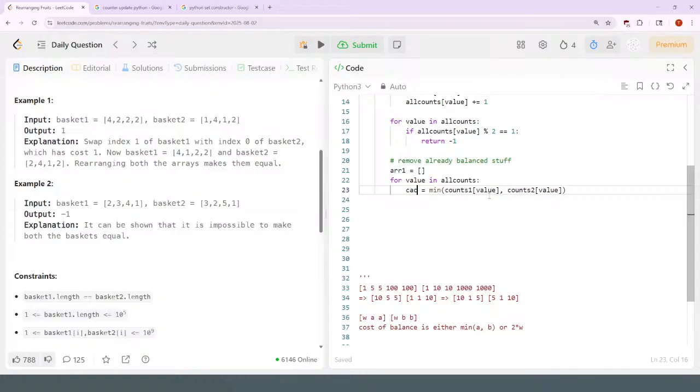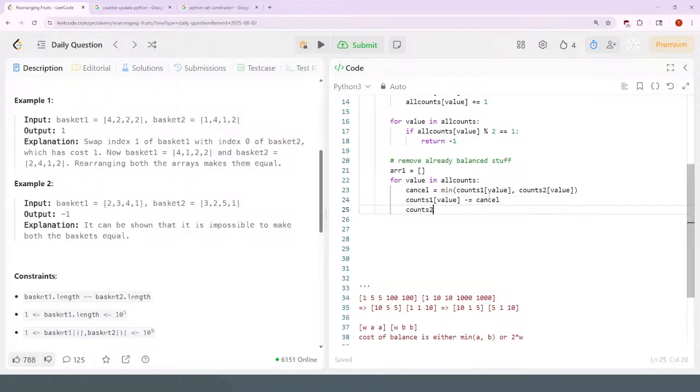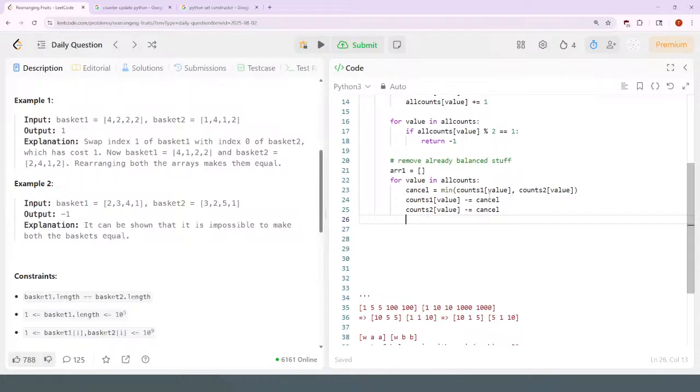Cancel. Oh, cancel. Yeah, sure. So then I can say counts 1 of this value minus equals the cancel amount, and counts 2 of this value minus equals the cancel amount. And if there's none of something, then it's just cancel 0. Okay, I think that's fine.